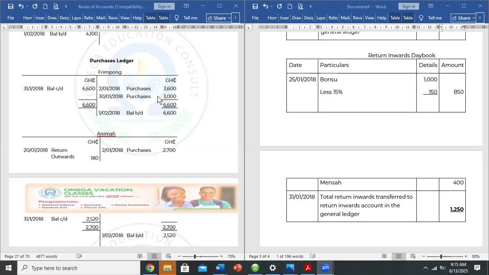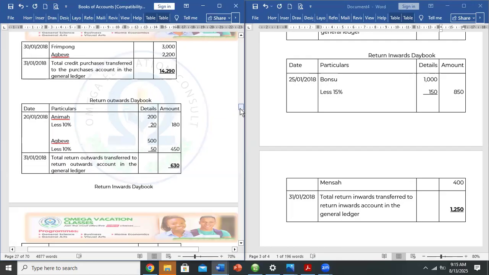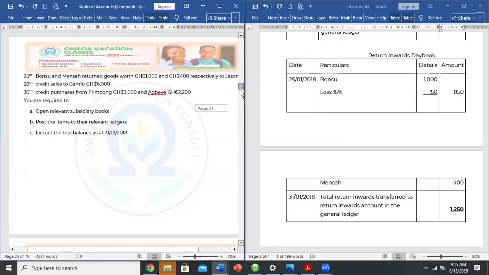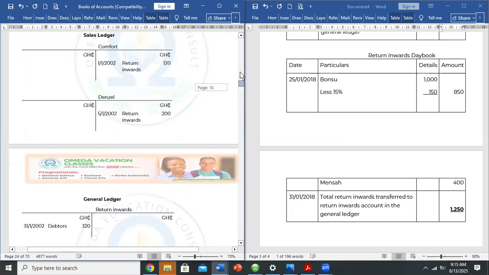Let me go to that page for you to appreciate. We noted the functions for each of these day books, right? So let me go in there.